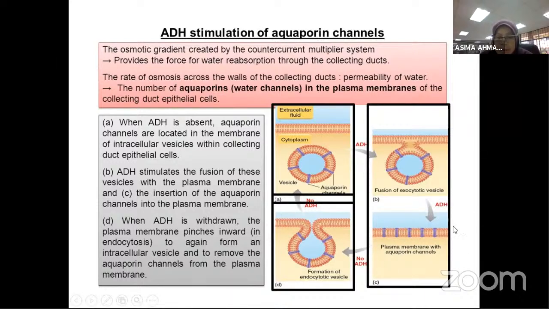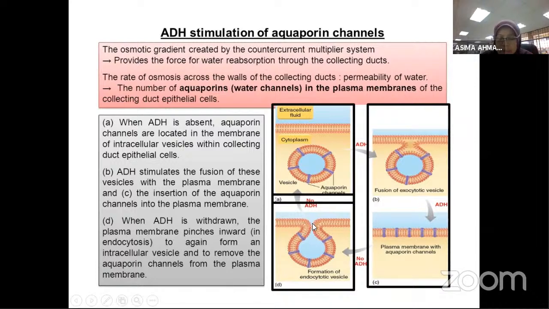And then when ADH is withdrawn, so now blood osmotic pressure goes back to normal, we no longer need to reabsorb more water, so the secretion of ADH decreases. Without ADH, what happens next is the plasma membrane pinches inward.